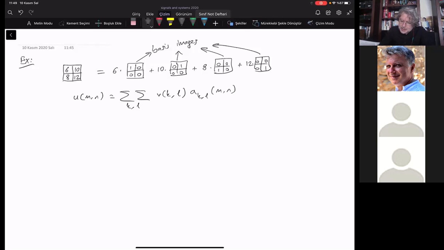So these a_kl(m,n) are the basis images.